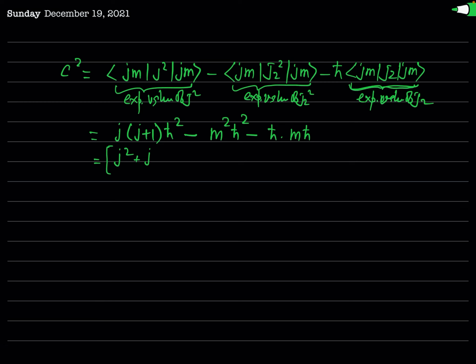So this is simply J square plus J minus m square minus m, with h bar square as a common factor. Now we can write this in this way: J square minus m square plus J minus m, times h bar square.